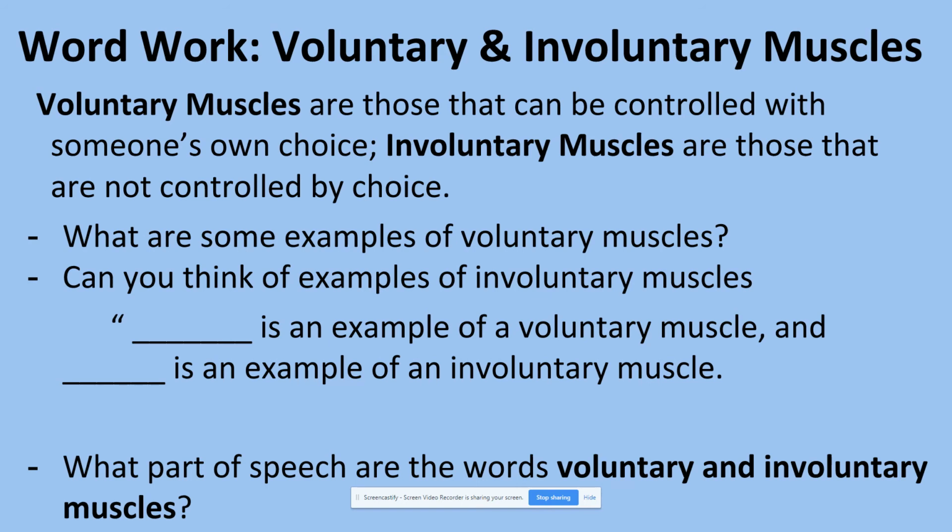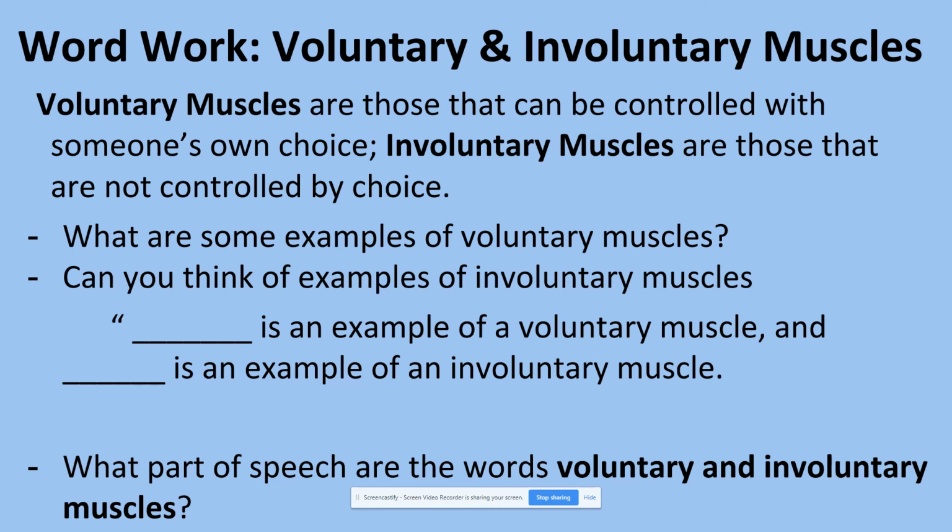So what part of speech would the words voluntary and involuntary muscles be? Is voluntary muscles something you can do? Is it describing something? Is it something I can touch?